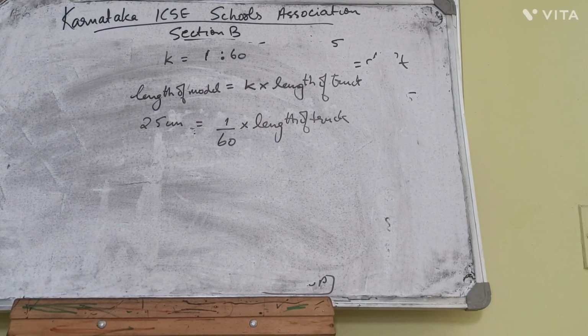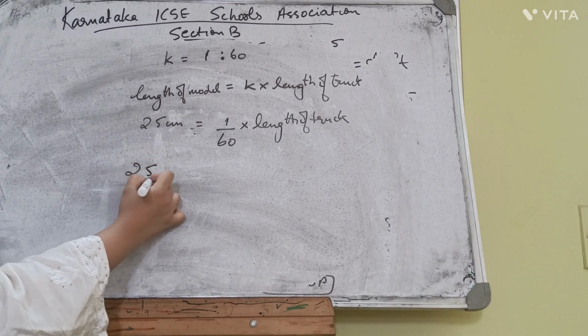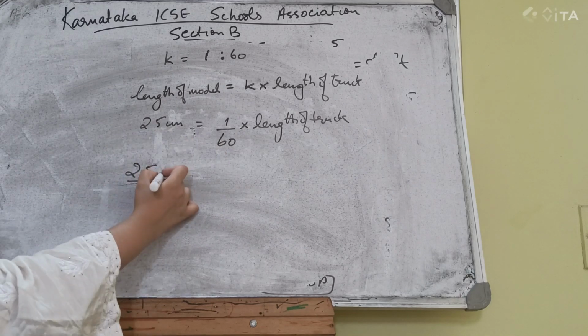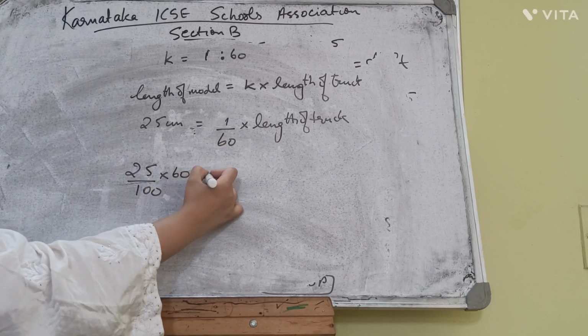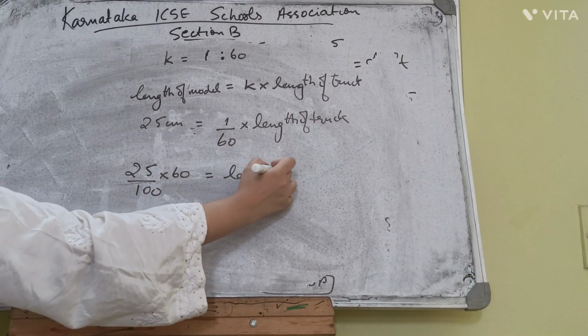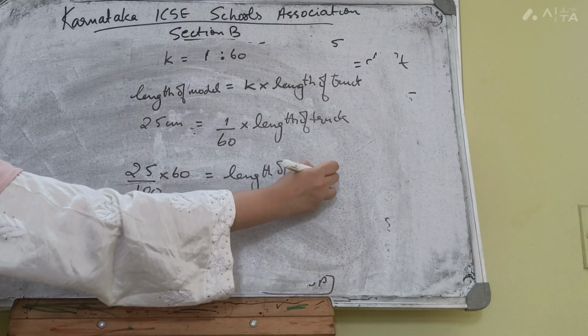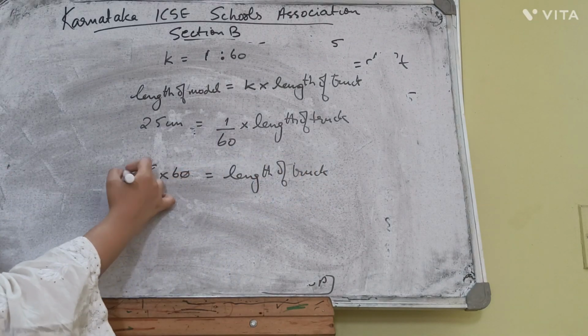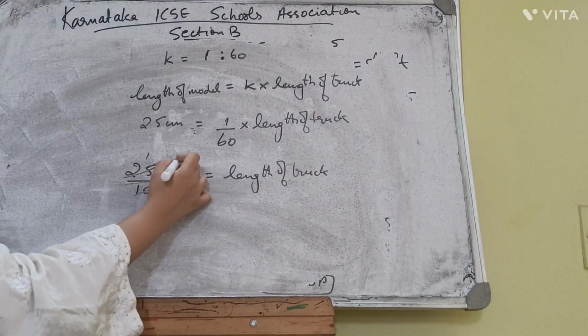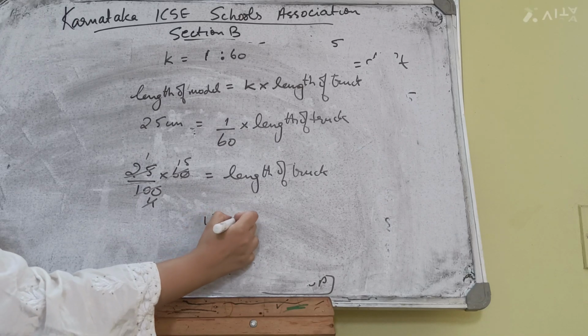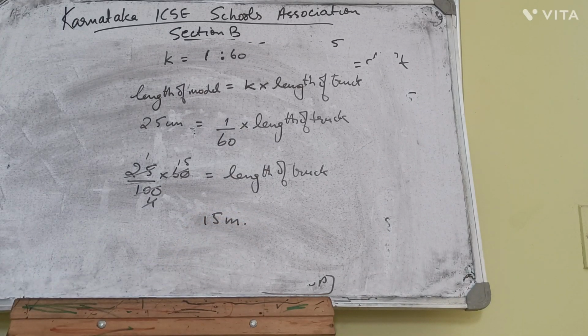Also the question mentions that you need to find the length of truck in meter. So how do you convert centimeter to meter? By dividing it by 100. So 25 by 100 and the 60 will go on top. Will give you length of the truck. Simplify this. 25 ones are 25, 4s are 4, 15. So 15 meter is the length of the truck.